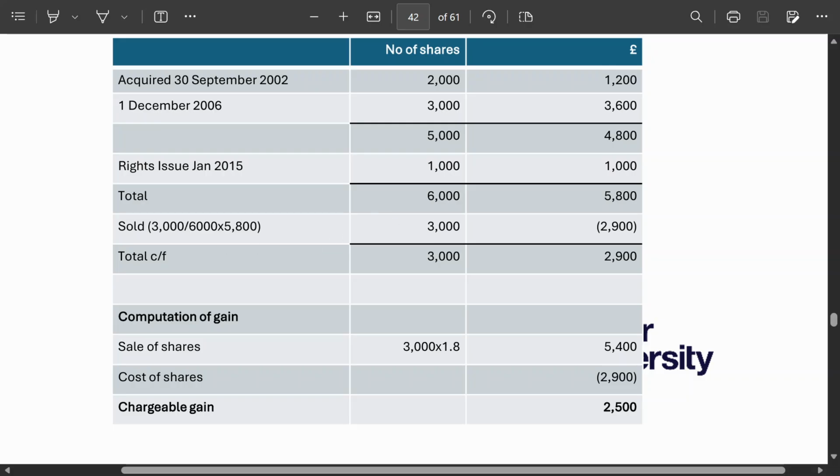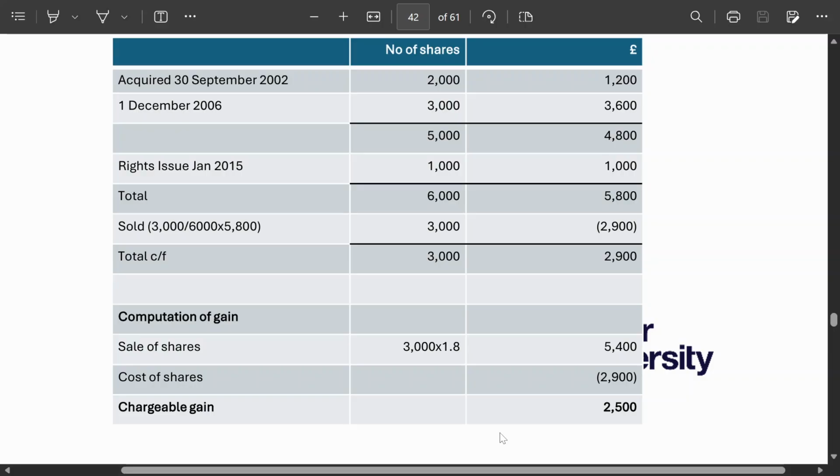So it is 3,000 by 6,000 into the value of the block, which is 5.8. This number, 2.9, is your deemed acquisition cost of the number of shares that you sold. So you take the sale proceeds of 5.4 and deduct 2.9, and you get a chargeable gain of 2.5. Is this clear?